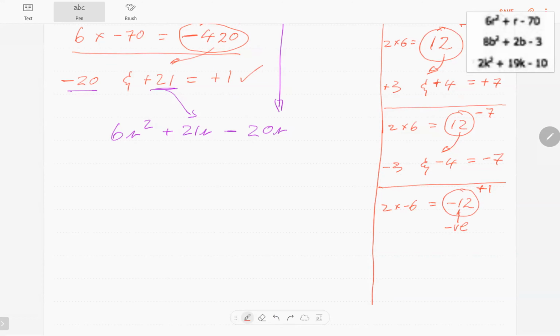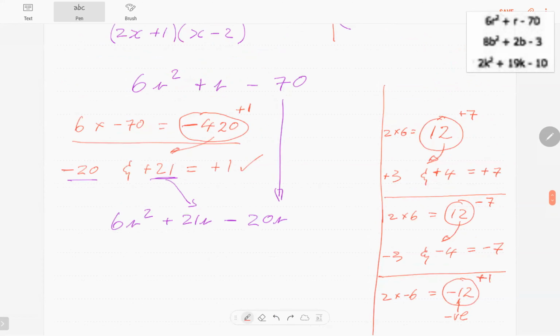Right? So up here, when you want factors of a positive number, both of the numbers get the same sign as that.